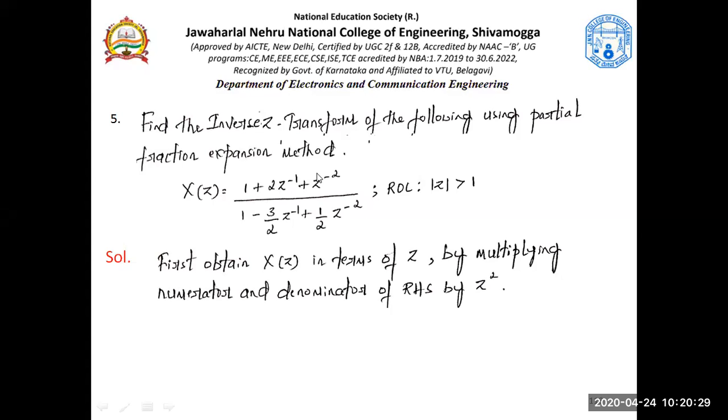And here it is z to the power minus 2 into z to the power plus 2, so it would become 1. Similarly here, this is z square, this is z, this would be 1. And that is what is written here. So how did we do this? Very simple stuff. Just multiply the numerator and denominator by z square, so that all negative powers become positive powers of z. So you should not have a problem with this.